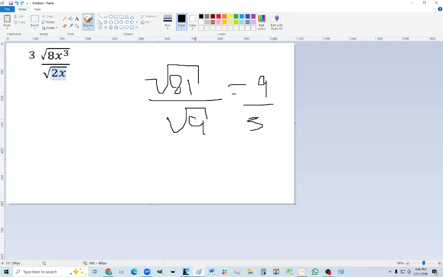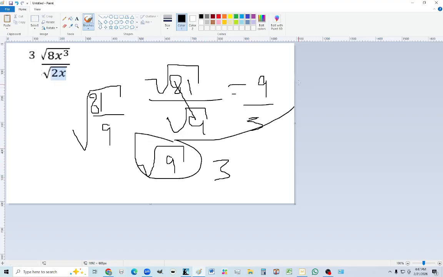But before you do that, any radical, you can treat as if the numbers are together, so long as they're both square roots. And I can say, well, 81 divided by 9 is 9. Square root of 9 is 3.